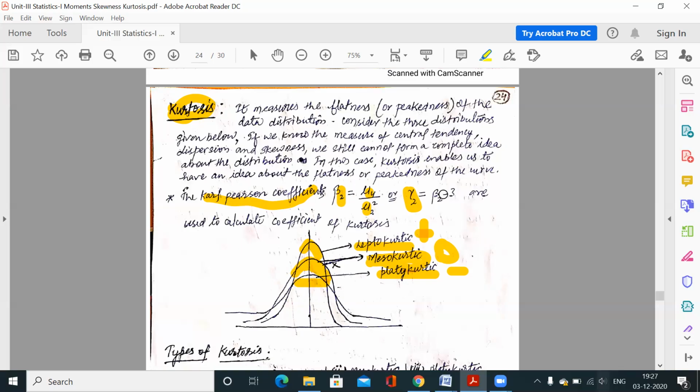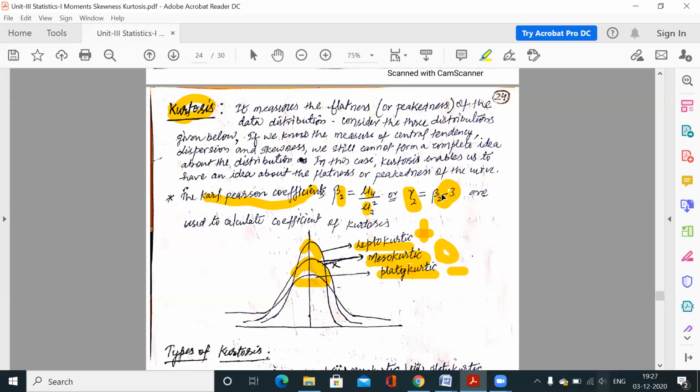Then gamma 2, the other Karl Pearson coefficient, is equal to beta 2 minus 3. This value will tell you whether the curve is leptokurtic, mesokurtic, or platykurtic. If gamma 2 is 0, we say it is a mesokurtic curve, meaning kurtosis is 0.